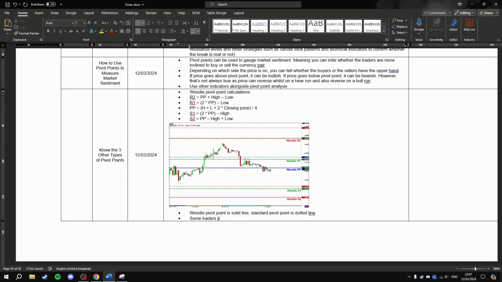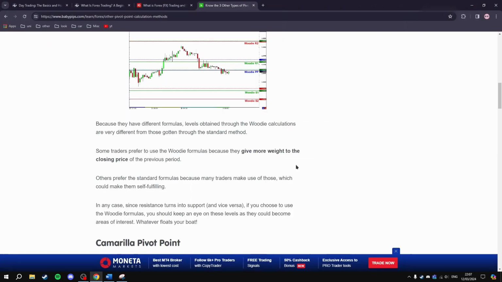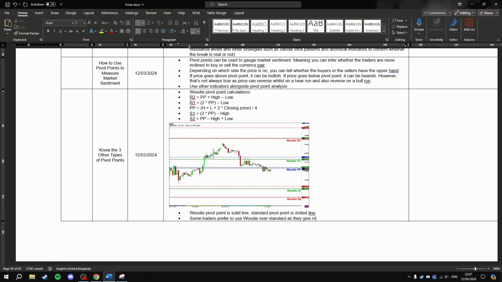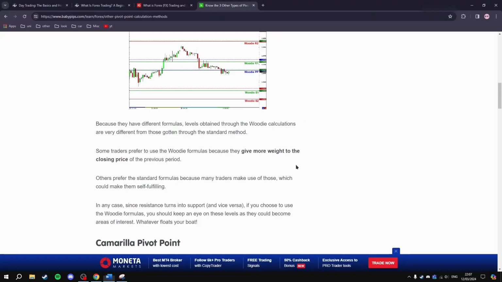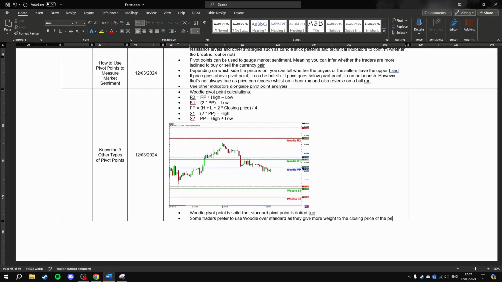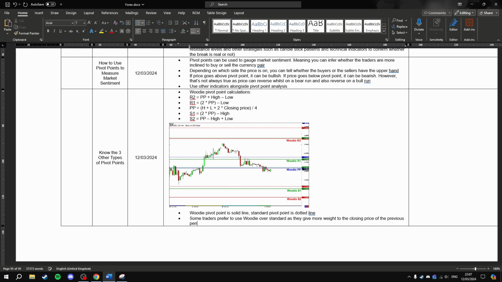Some traders prefer to use Woodie over standard, as they give more weight to the closing price of the previous period.